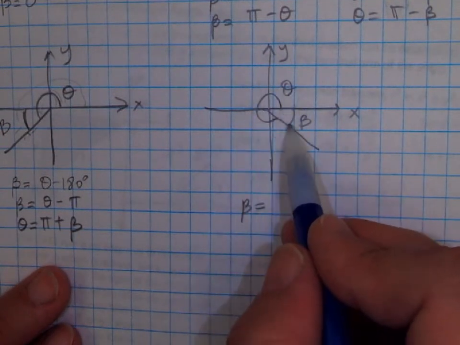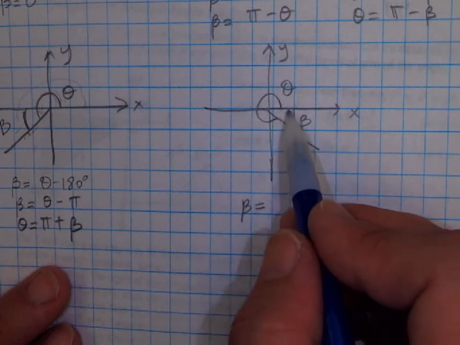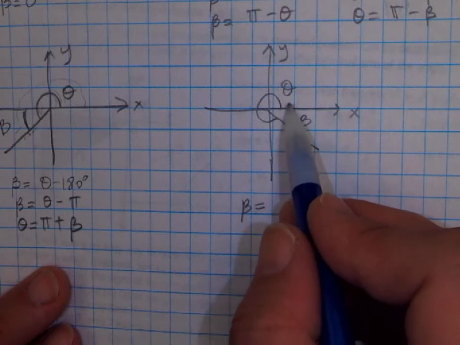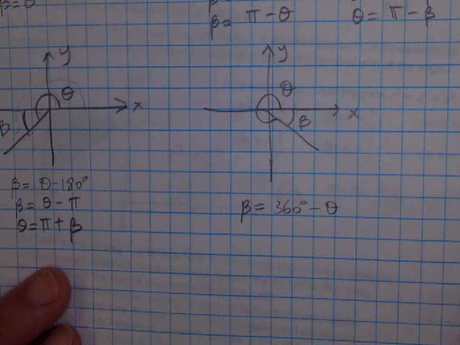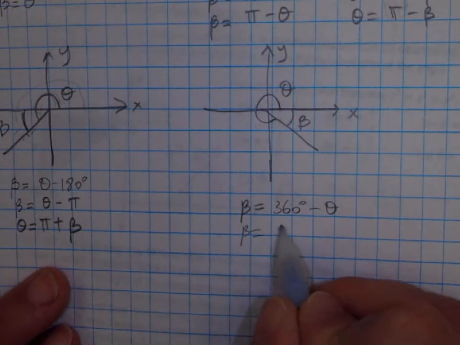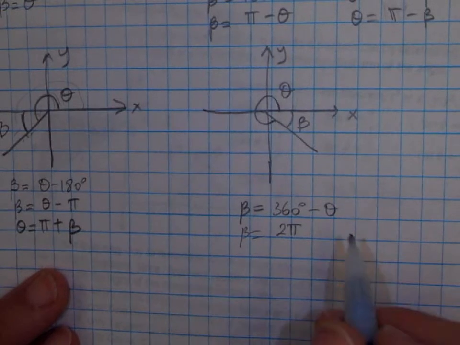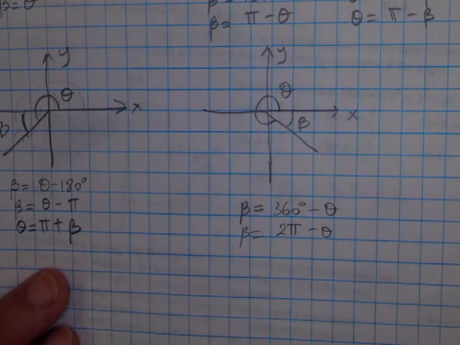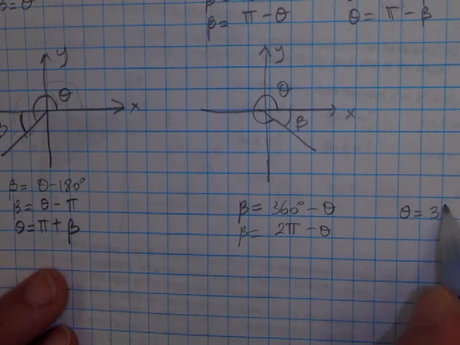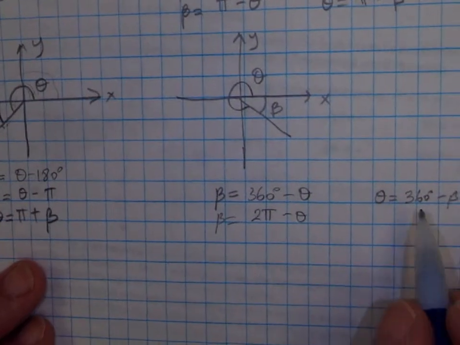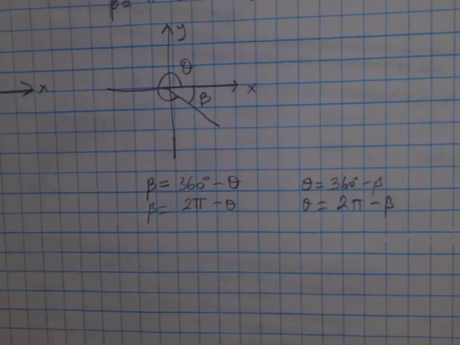One complete revolution is 360, so to get beta we can do 360 degrees minus theta. In terms of radians, 180 is pi and 360 is 2 pi, so 2 pi minus theta. Or if you needed to calculate theta, you do 360 minus beta, or 2 pi minus beta.